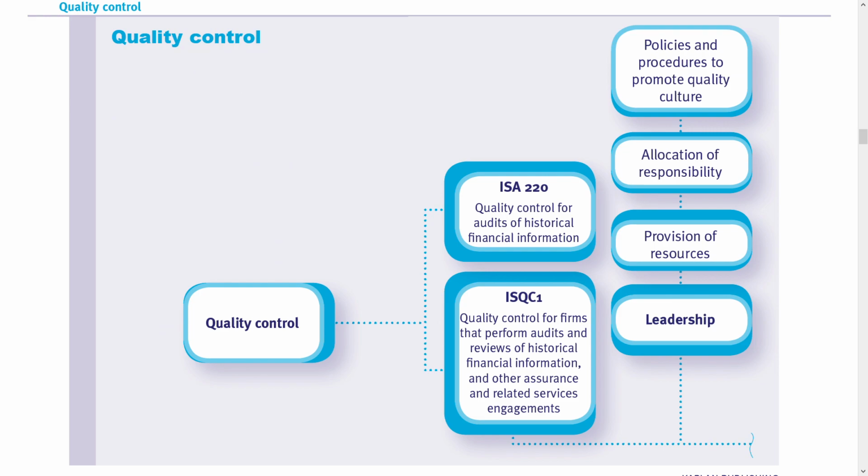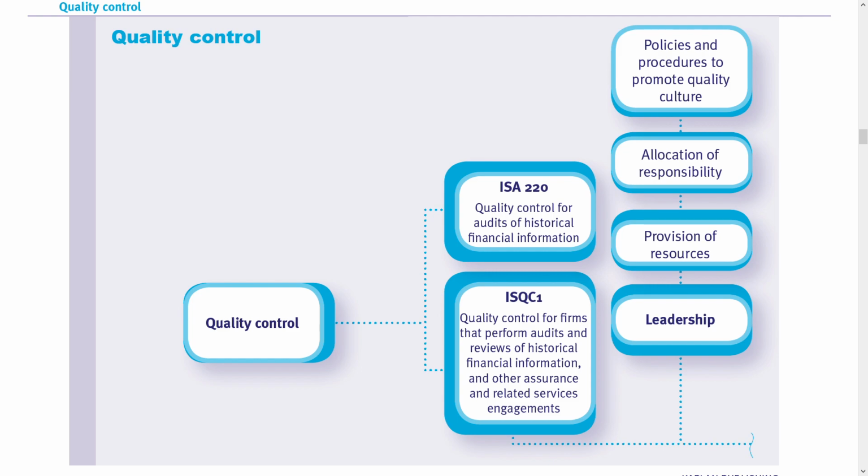For quality control, we have ISA 220 and we have ISQC 1. ISA 220 deals with the audit of historical financial information, and ISQC 1 deals with quality control for firms that perform audits and reviews of historical information, and also other assurance and related services engagements.